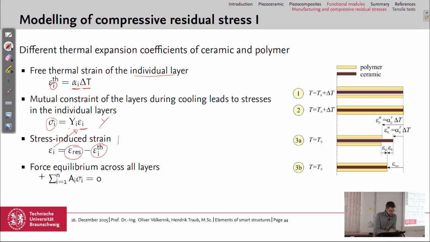And we also have force equilibrium across all layers. So if we sum up the forces of all layers, which is the cross-section of the layer times the stress of each individual layer, then overall it should be 0.